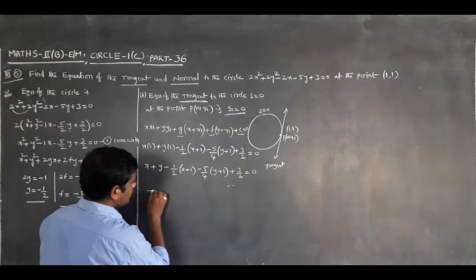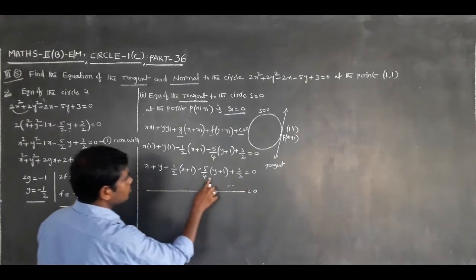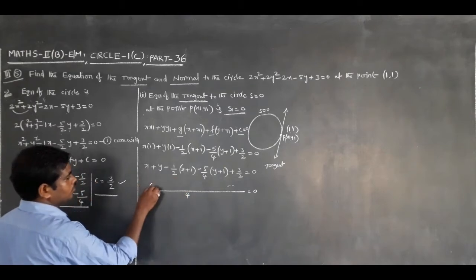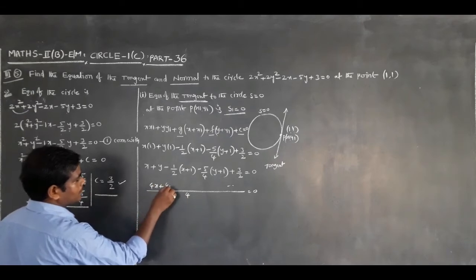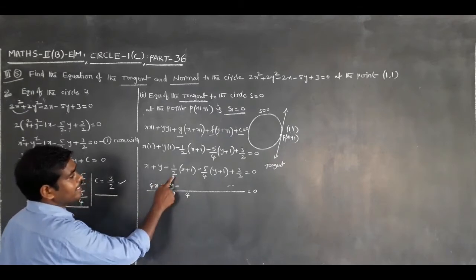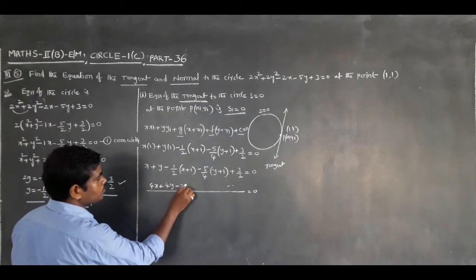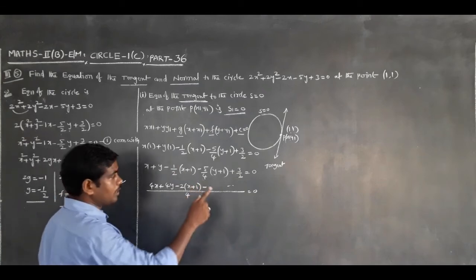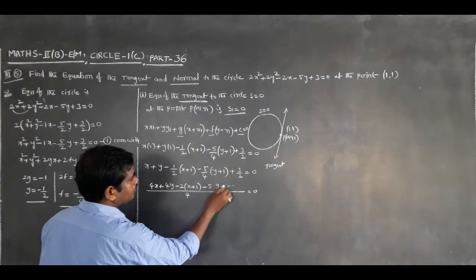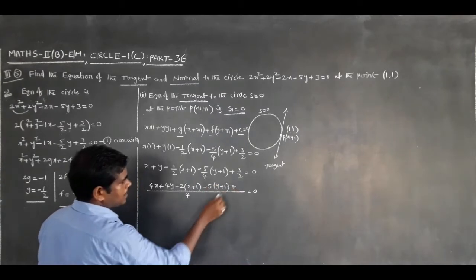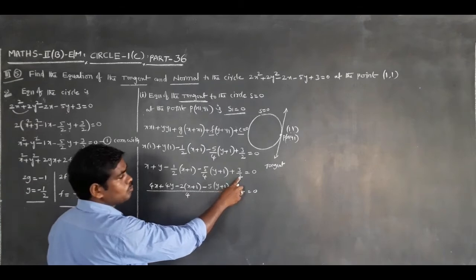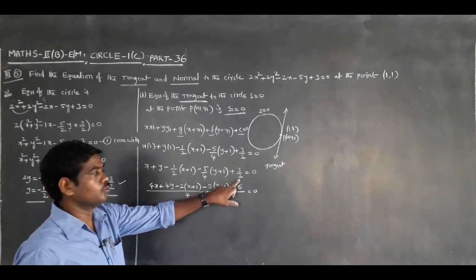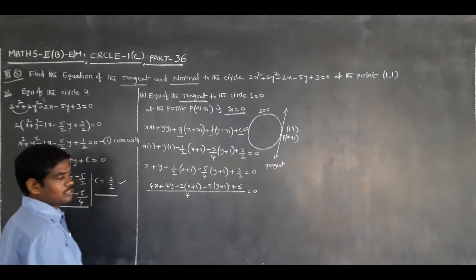Here taking LCM 4: 4 into x is 4x plus 4 into y is 4y, 4 divided by 2 is 2, minus 2 into x plus 1, 4 divided by 4 is 1, minus 5 into y plus 1, plus 4 divided by 2 is 2, 2 3s are 6, is equal to 0.